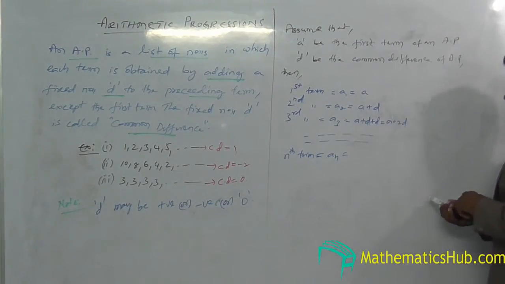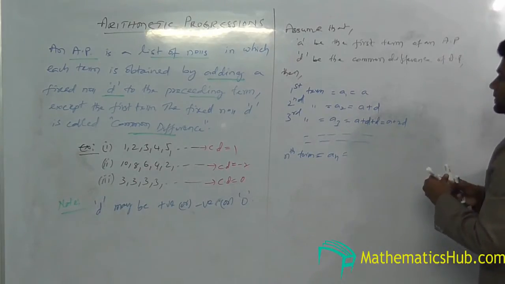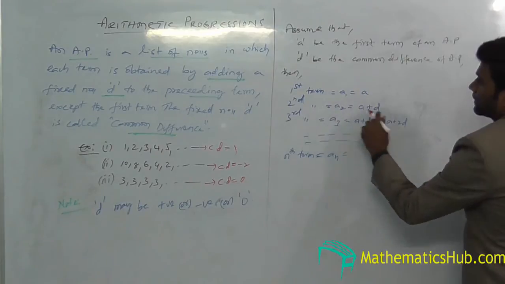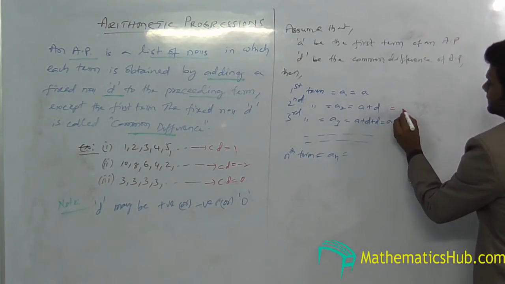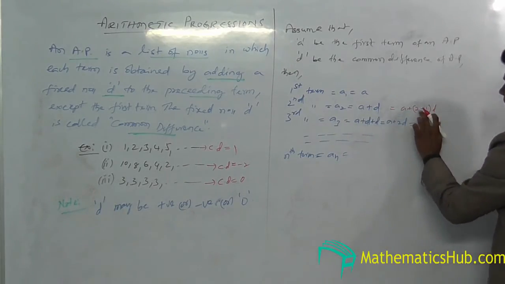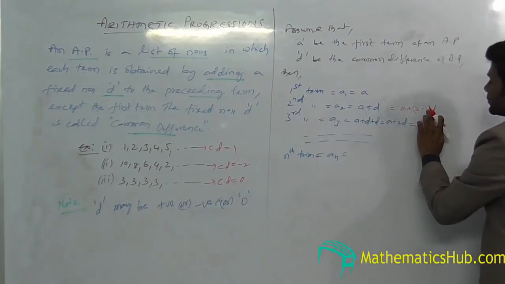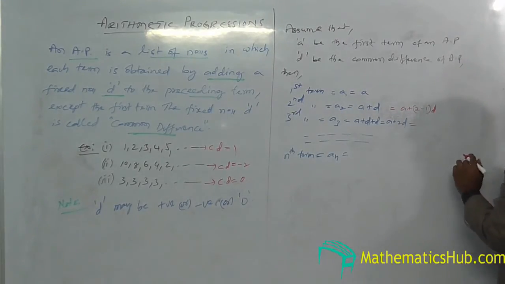Now we'll see here. Adding a fixed number, I can write the second term like A plus 2 minus 1 into D. 2 minus 1 is 1, and 1 D is D, so A plus D only.